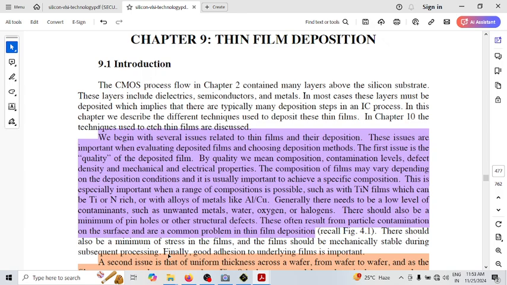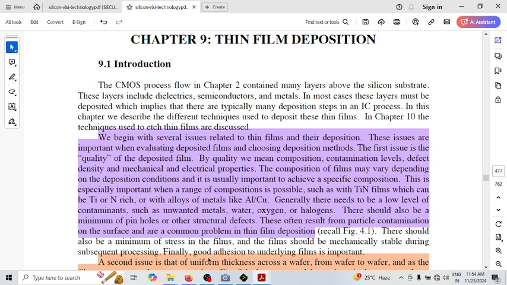It will have subsequent processes. After the first N well, you're going to have diffusion, then polysilicon, then another diffusion. So when you are doing these n number of diffusions, suppose the earlier deposited thin film got decomposed, or if it is not stable, then the entire process will be a waste. So that's why they should be mechanically stable during the subsequent processing.